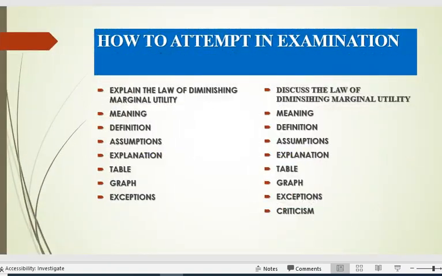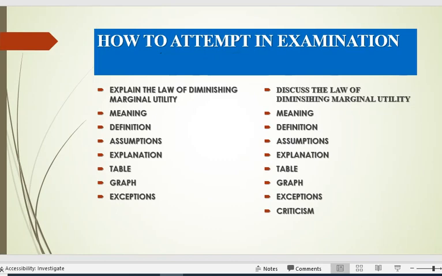If the question comes in the examination in the form of explain the law of diminishing marginal utility, it is very important how we are going to present and attempt our question. If the question is asked, explain the law of diminishing marginal utility, then we have to write in this form: meaning, definition, assumption, explanation, table.